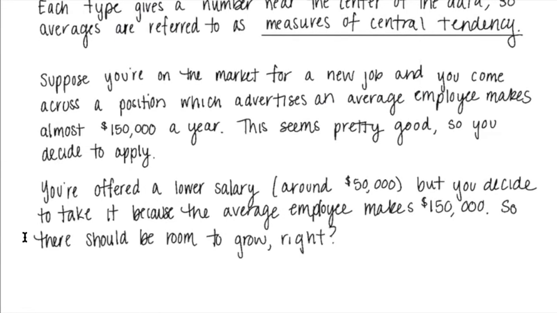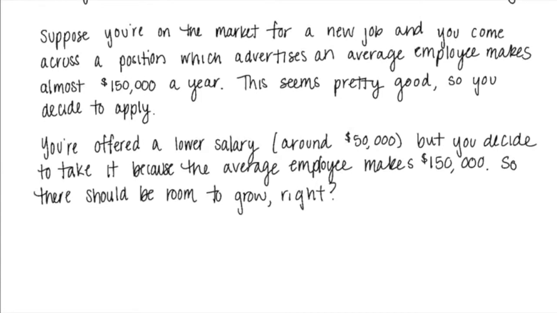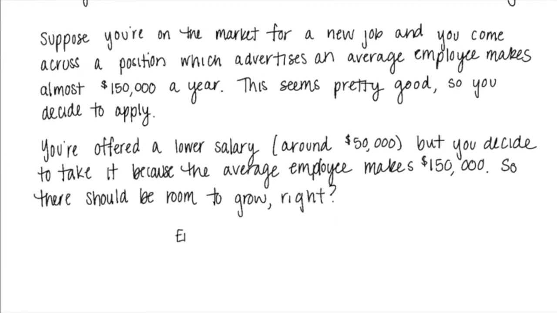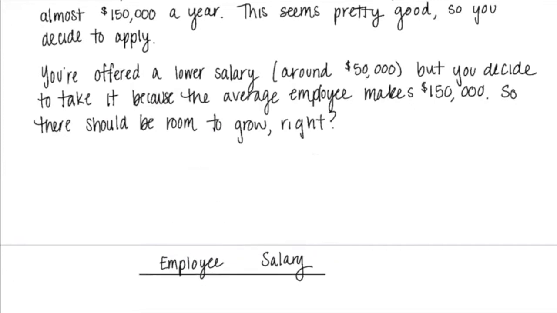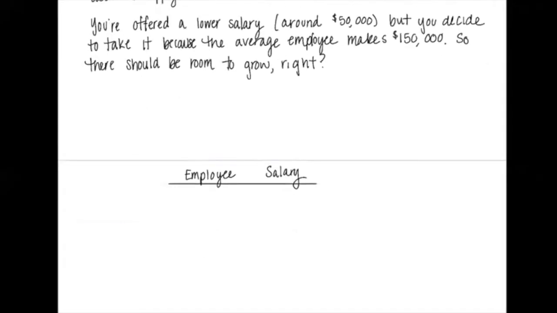Well, not necessarily. So maybe instead you find a flyer that has all the other employees and their salaries. HR slipped up, and you find a list of all employees in the building and their annual salary. So here is the employee, and here is their yearly salary. Remember, you're only making $50,000 a year, but you think, okay, that's all right, I'll get to that 150 eventually.